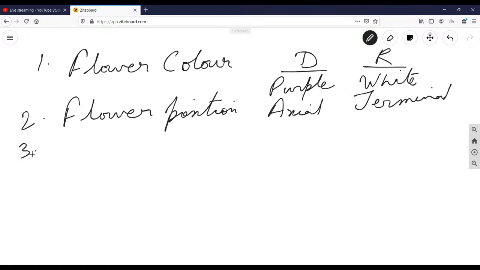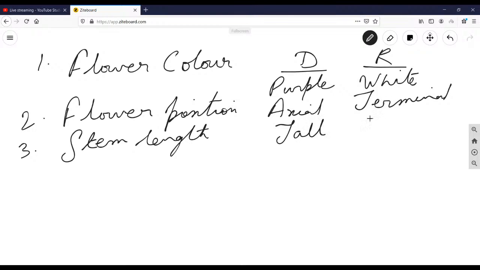Okay. Number 3, stem length. So when it comes to stem length, the dominant one was tall, recessive one is dwarf. Okay. Number 4, seed shape.